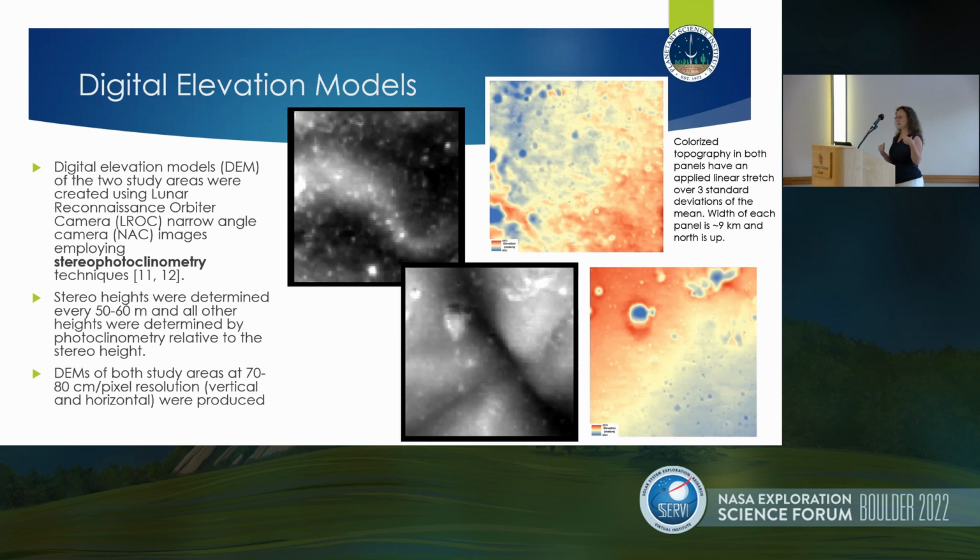And what you see here on your left are the images of the swirls. The color is the topography. And the person who does the stereophotoclinometry for us is John Weirich. And John handed me the top 2, the albedo and the topography.